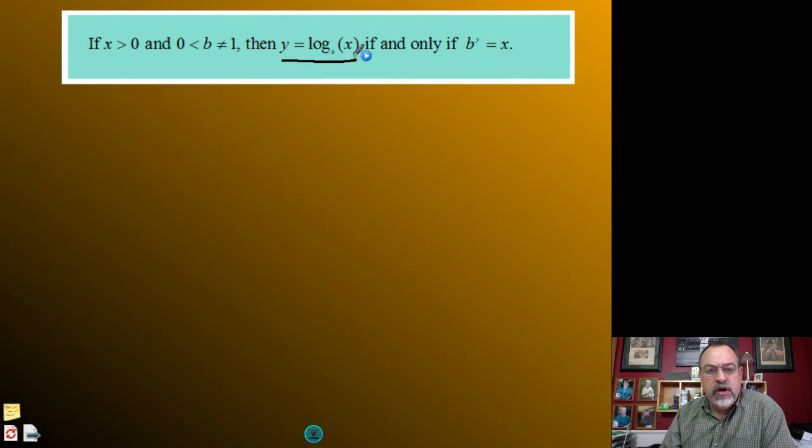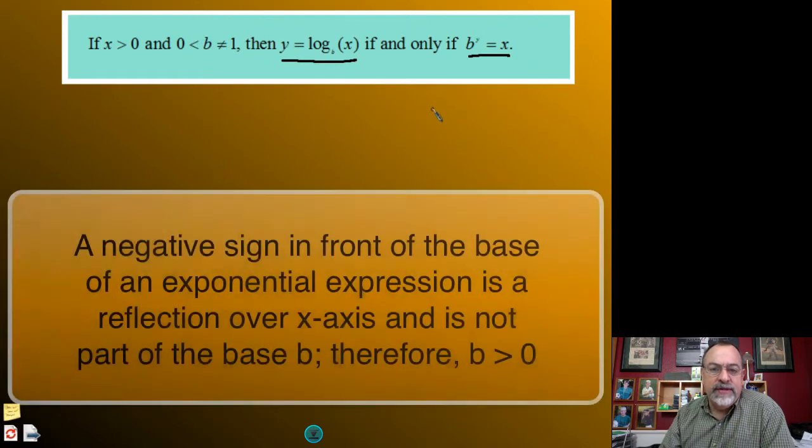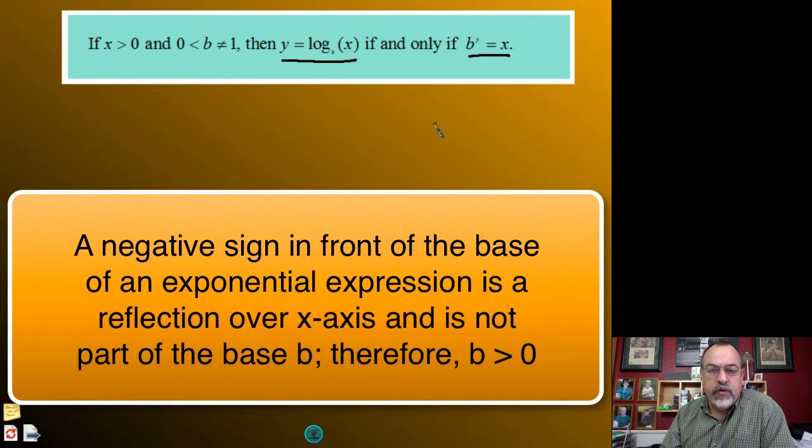So here's our logarithmic expression, and here's the inverse expression, or the exponential expression. Let's take a look at this part first. B has to be greater than 0, so we're only looking at positive bases, so no negative bases, and this base cannot be a 1. Now, why can't this base be a 1? Well, if the base is 1, we're asking for what's the exponent of 1 that will give me this x value.